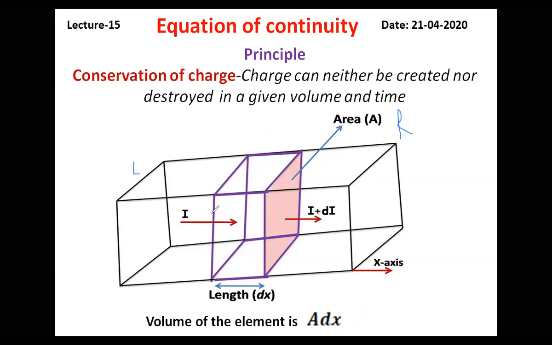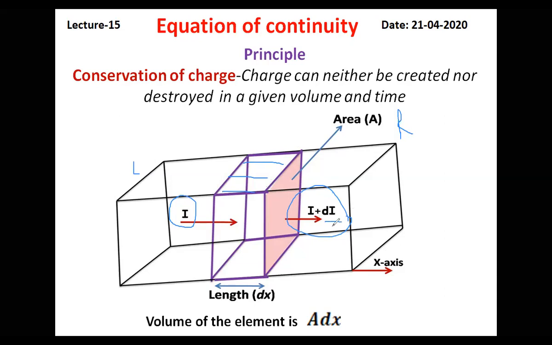This is the direction of current flow. If you take this small box, let us consider that an amount of current I is entering this block, whereas an amount I plus dI is leaving this block. That means the excess amount coming out of this block is dI.